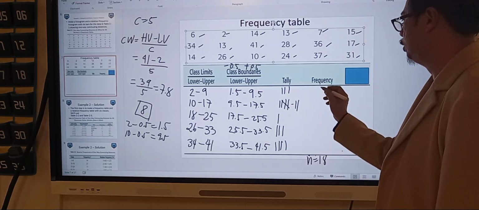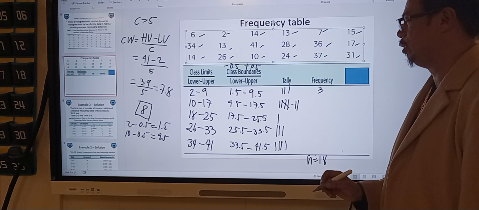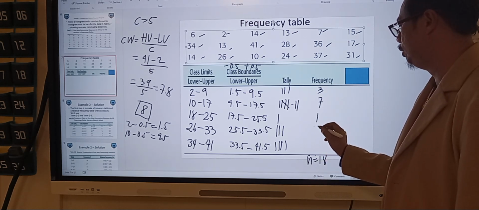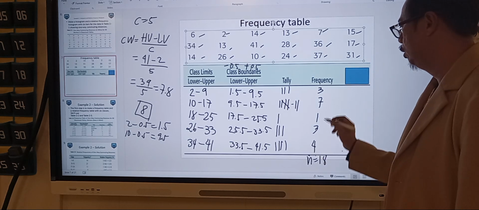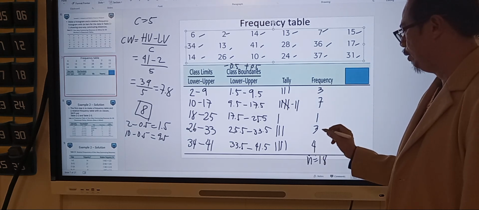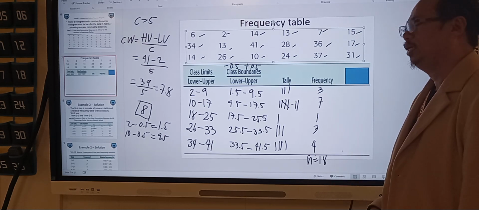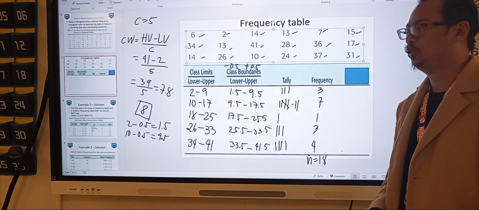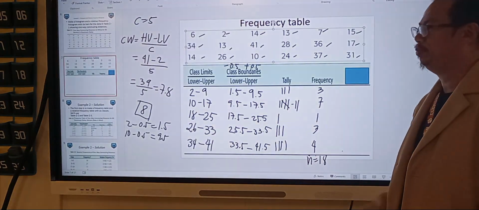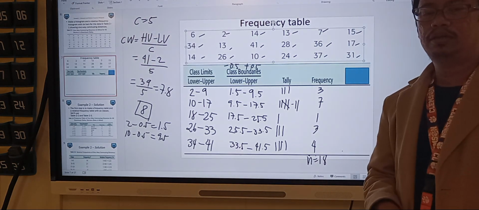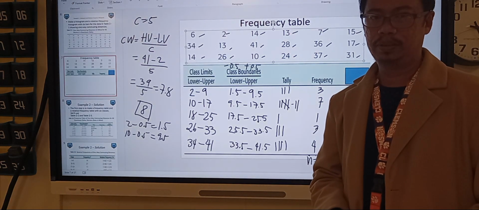So let's write now the frequency: 3, 7, 1, 3, and then 4. So this is 10 plus 1, 11 plus 3, 14 plus 3, 18. So correct, 18. Be sure that all the values will total 18. So this is the frequency distribution.